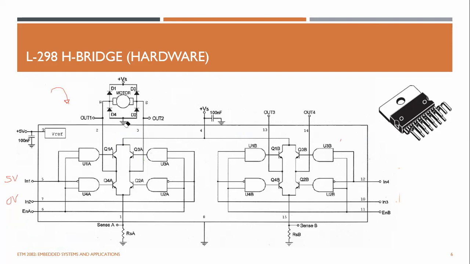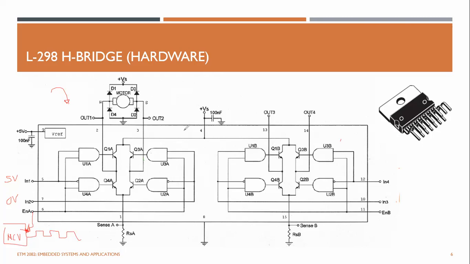If you want to change the direction, you have to change the logic in these 2 pins and apply the PWM signal. This PWM can be generated using a microcontroller. For PWM generation, there is a dedicated section, either timers and counters, with a pin for that. You can couple to that pin, generate a PWM signal and control the speed of the motor.